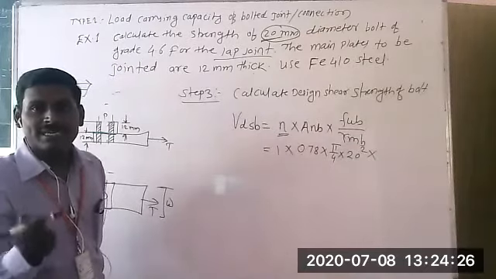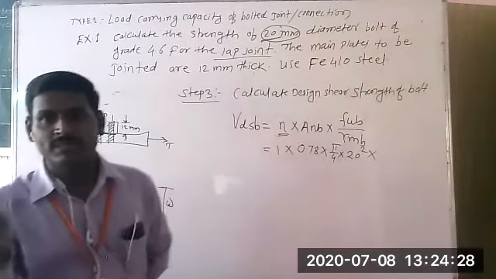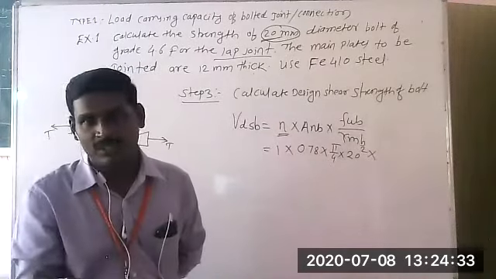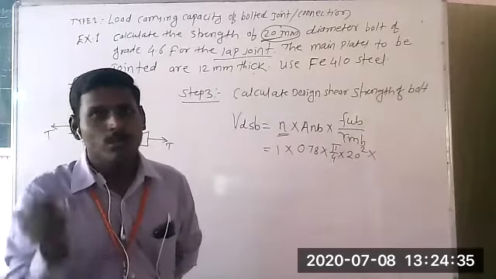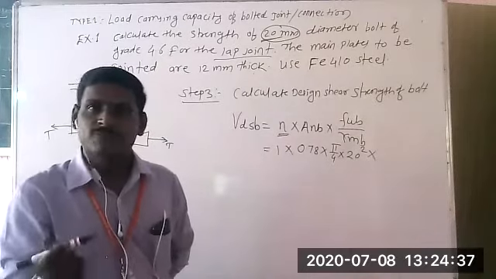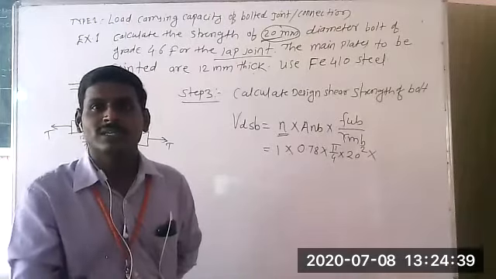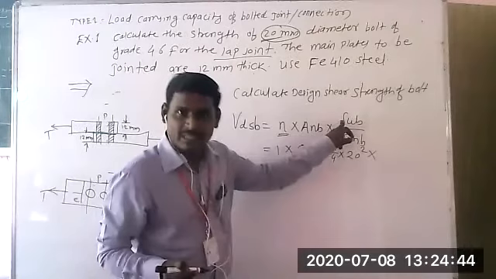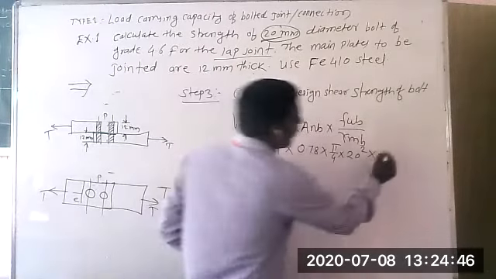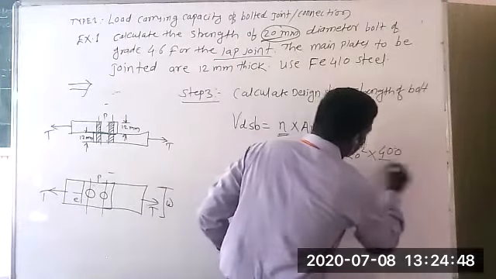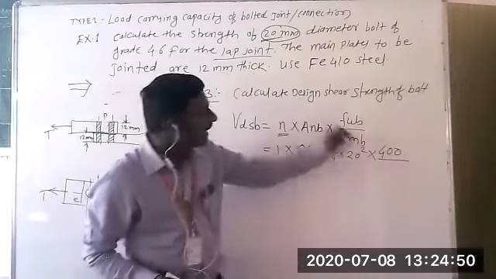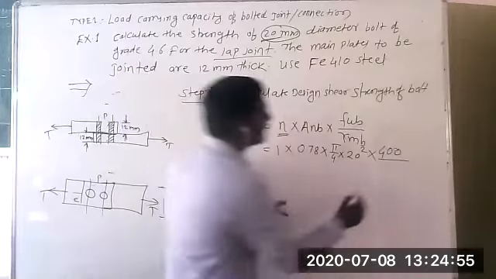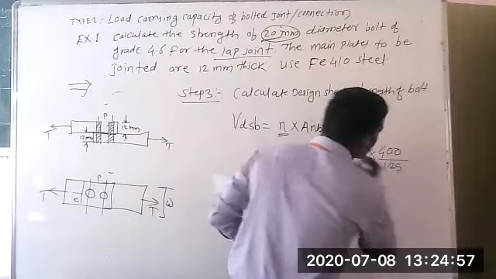FUB is the ultimate tensile strength of the bolt, and that comes from the grade of the bolt. What is the grade of the bolt? 4.6. For the 4.6 grade bolt, the ultimate tensile strength FUB is 400, divided by gamma MB. The partial safety factor for the bolt is 1.25.